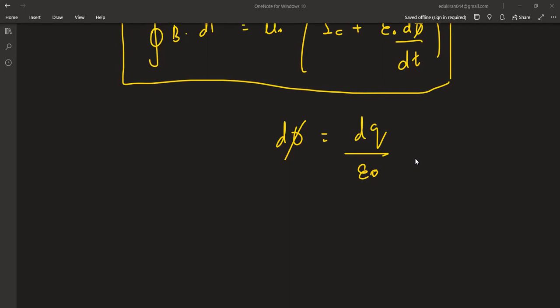Yes, Aliza? Which law is this? Phi is equal to charge by epsilon naught. Sidra? Which law is this? Phi is equal to q over epsilon naught.